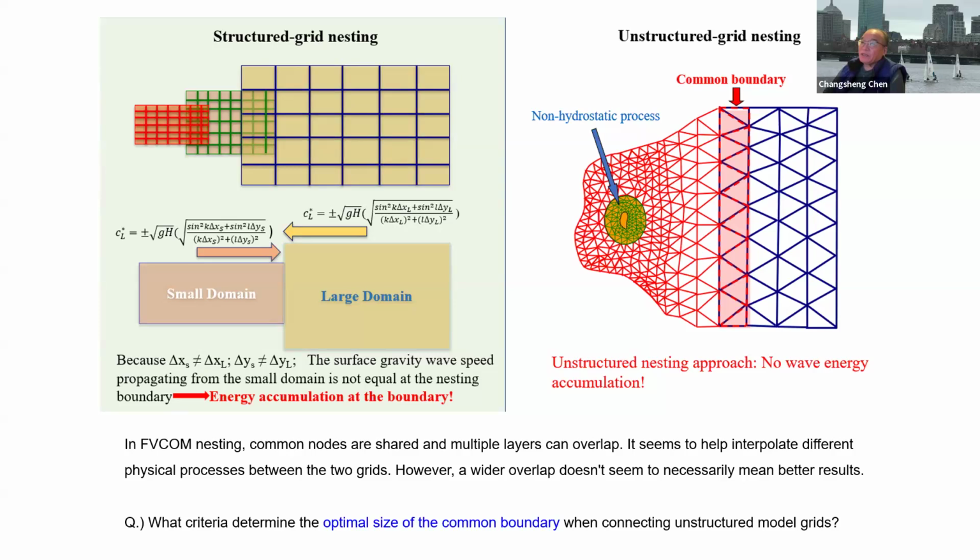Then your one-way nesting boundary can be a problem. So in this case, you have to extend your nesting boundary outside the region, to make sure the freshwater plume does not touch your boundary. That's why where you should set the nesting boundary depends on the question you want to answer.